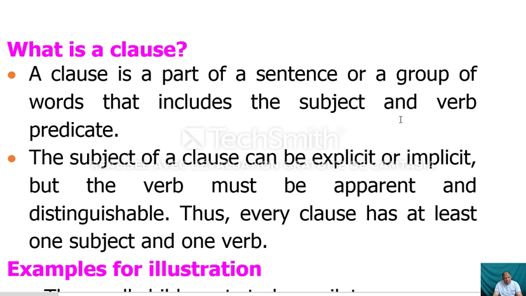Now let's speak about the subject of a clause. The subject of a clause may be explicit, it's clear, it is stated, or implicit, I mean it's hidden.